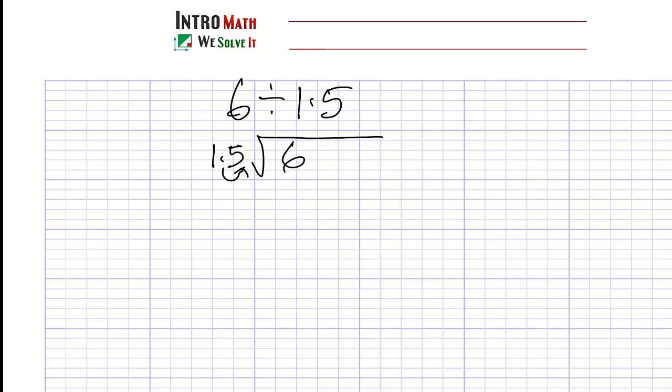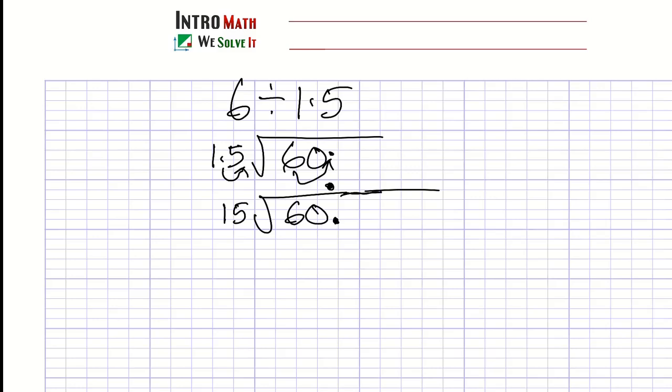Since we'll move it 1 decimal place, then we'll have to move this, put 0 here, move it over here, right? So we'll write it as 15 divide 60. At 60, we'll put the decimal point there, all right? And then we'll put the decimal point on top right here to align with that one. And then we'll proceed with the division.